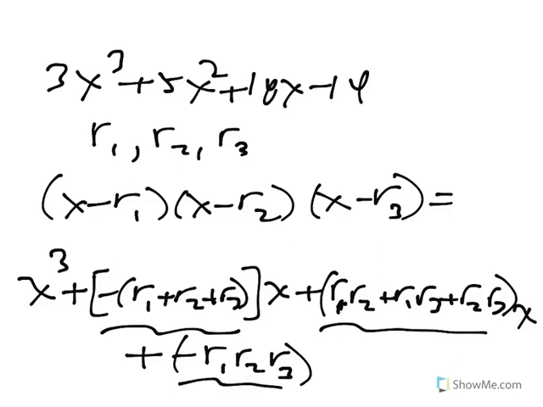So let's summarize and show you how to use this and what it all means. So our equation again was 3x cubed plus 5x squared plus 18x minus 14.